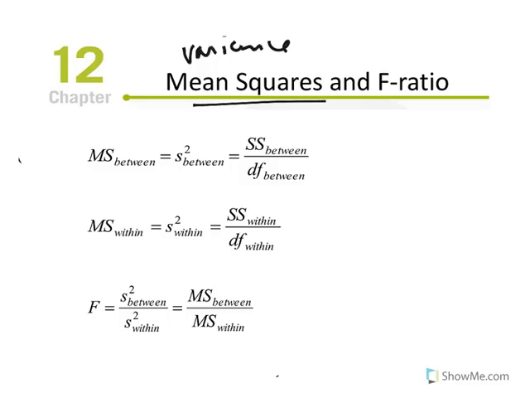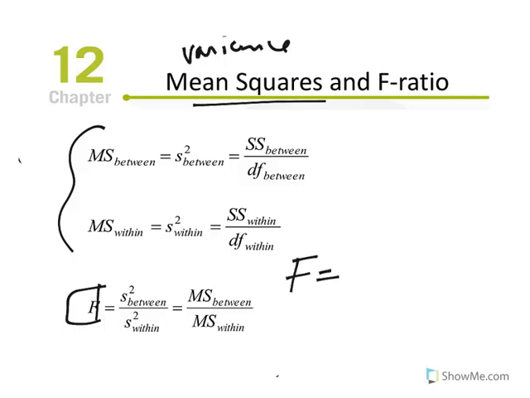So again, this is reviewing what we just went through step by step. And our F ratio, again, is MS between over MS within, which is simply saying the variance between over the variance within.